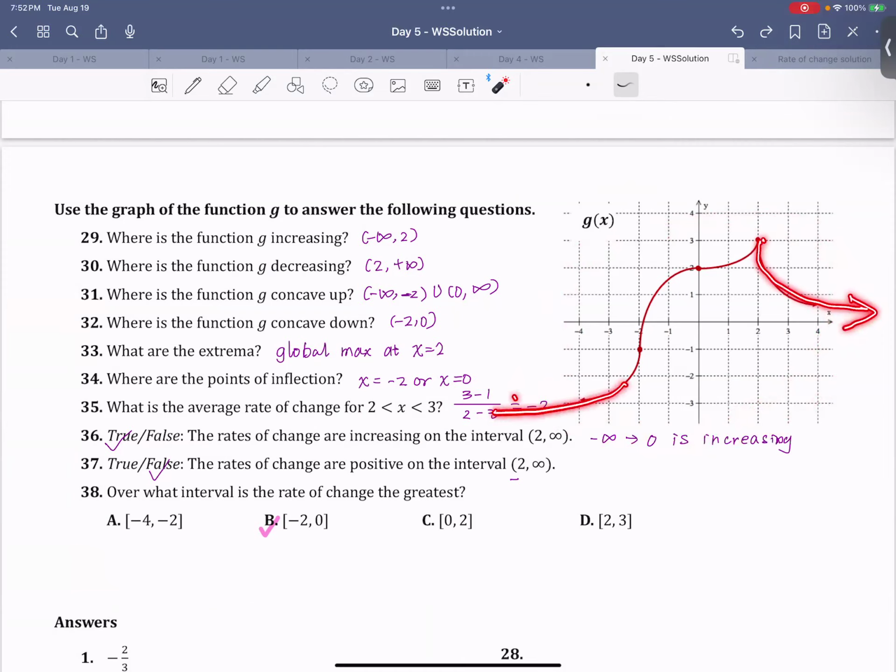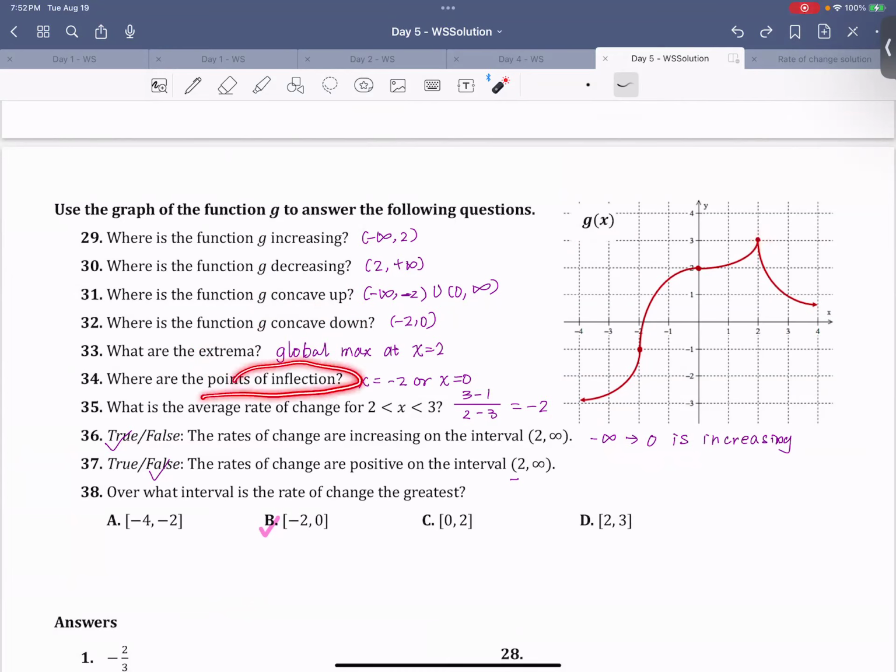This is going this way, following this trend. So you can have a maximum point right here. So that's called a global maximum. That's called an extrema. All these terms you see here, next year, this is in Calculus AB and Calculus BC. Basically, they add this to prepare students for next year's calculus. So the extrema is that point. And then what else?